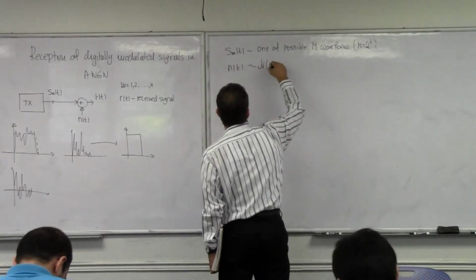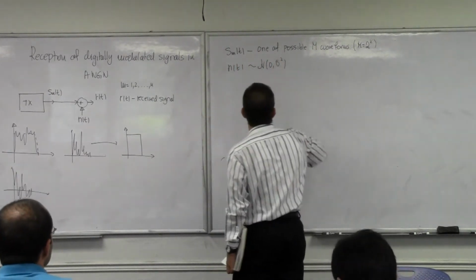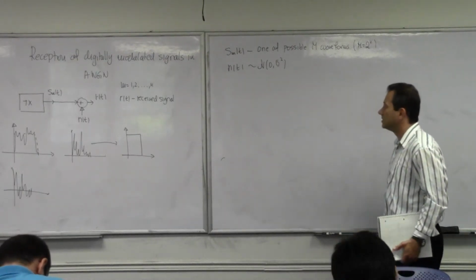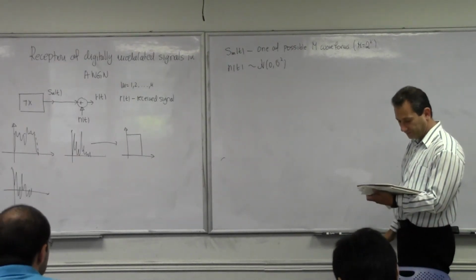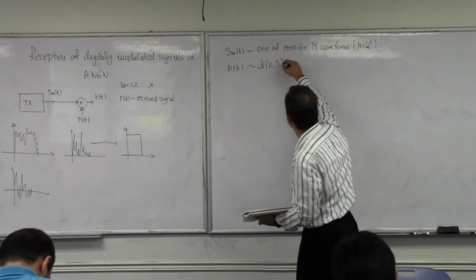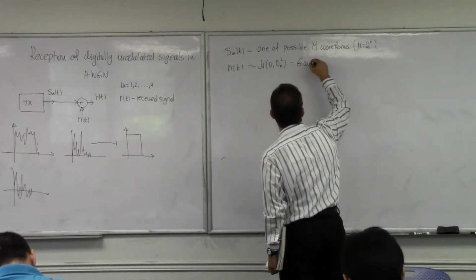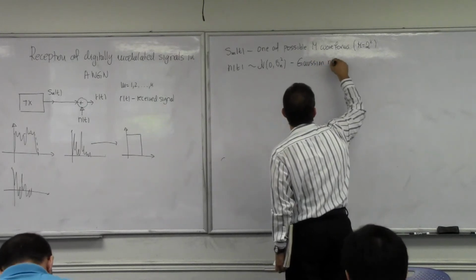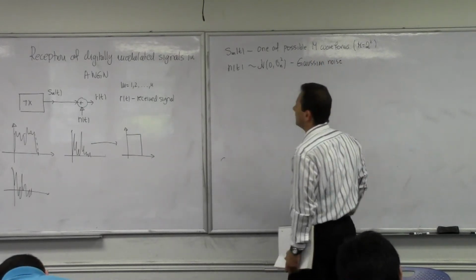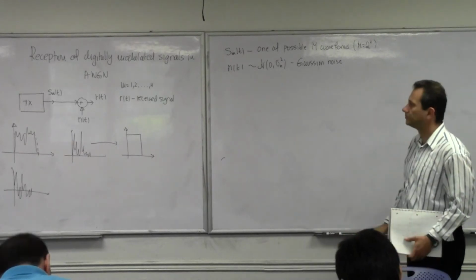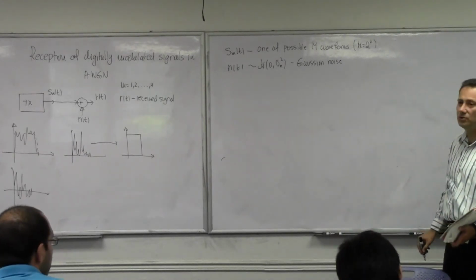N(t) in this expression here is Gaussian noise with zero mean and variance sigma squared. It's Gaussian in the amplitude domain.